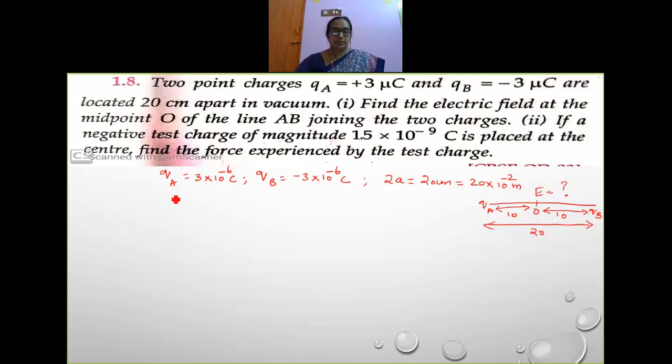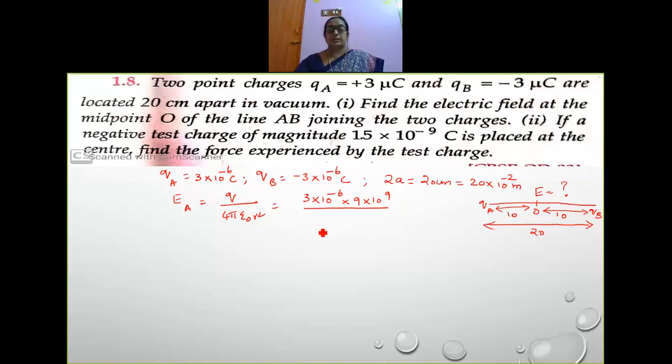So substitute electric field due to plus Q, which is Q by 4 pi epsilon naught R square. Substitute for Q as 3 into 10 power minus 6, and 1 by 4 pi epsilon naught is 9 into 10 power 9, right?